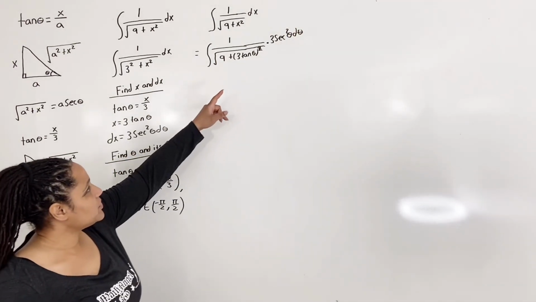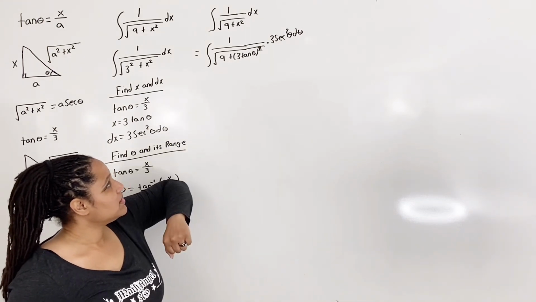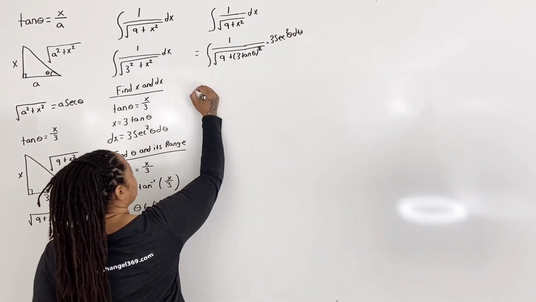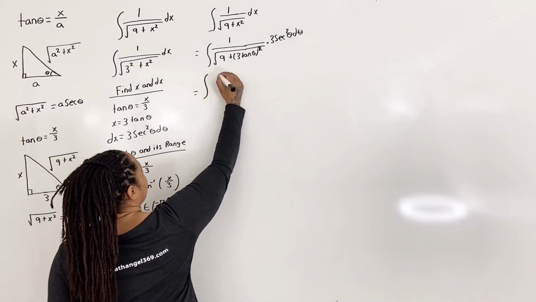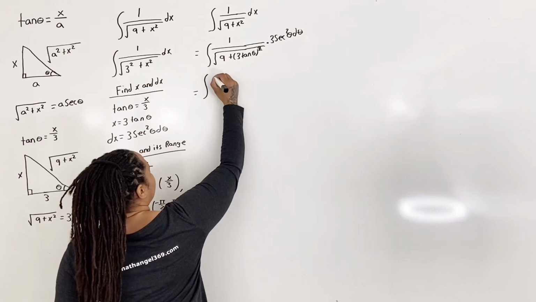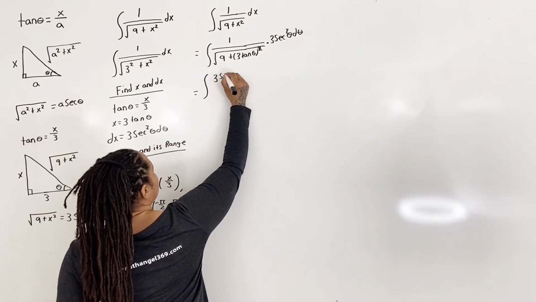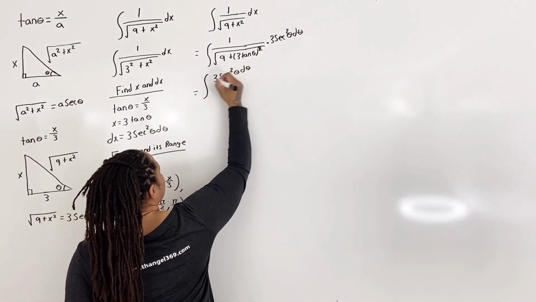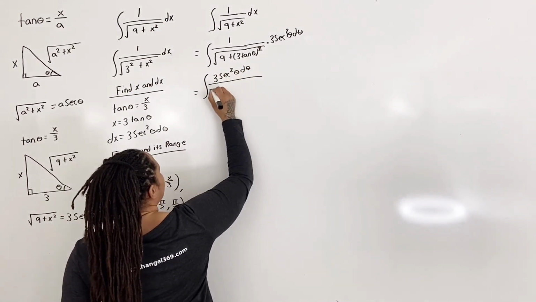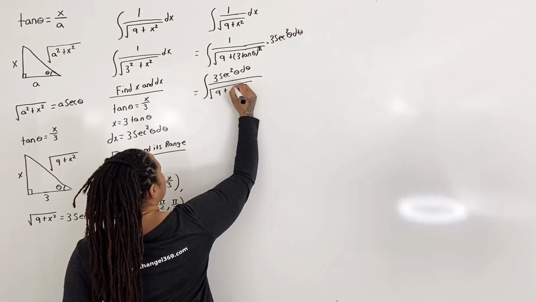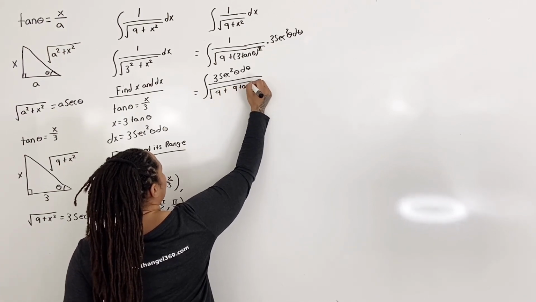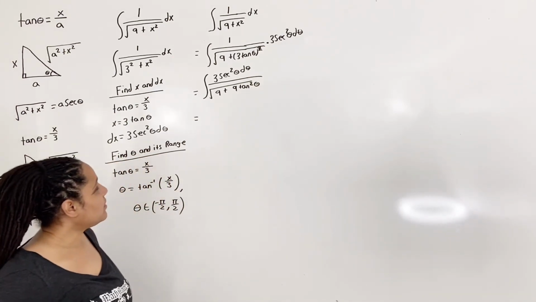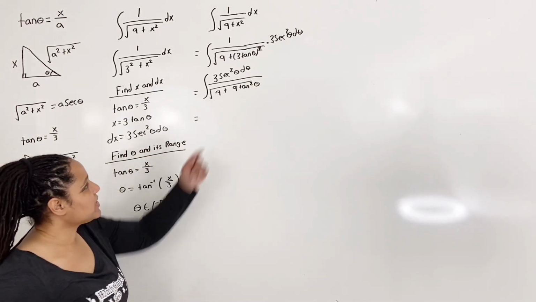Now I'm going to just rewrite 3 tan theta squared. So this is equal to the integral of, I'll write the numerator first, 3 secant squared theta d theta divided by the square root of 9 plus 9 tan squared theta. And now I'm going to factor out a 9.